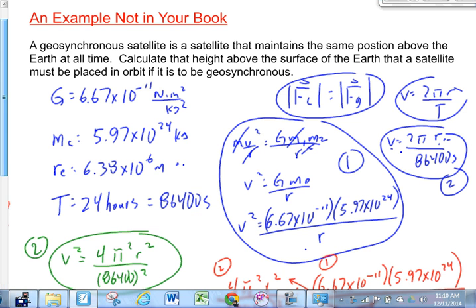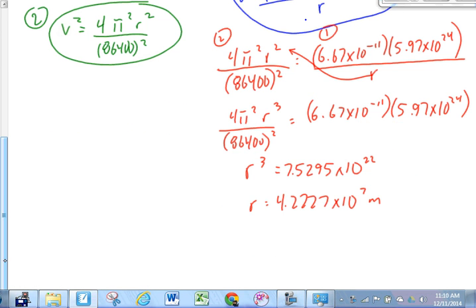What do I still have to do here? Earl? Yeah. We want to know the distance above the Earth's surface, right? We just found the radius to the center of the Earth here. So let's take that number, 4.2227 times 10 to the 7, and then subtract the radius of the Earth, 6.38 times 10 to the 6.